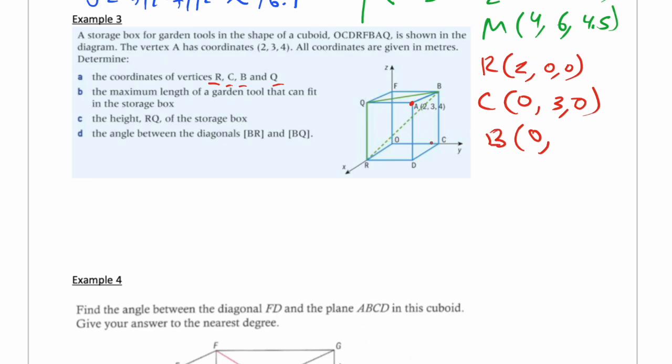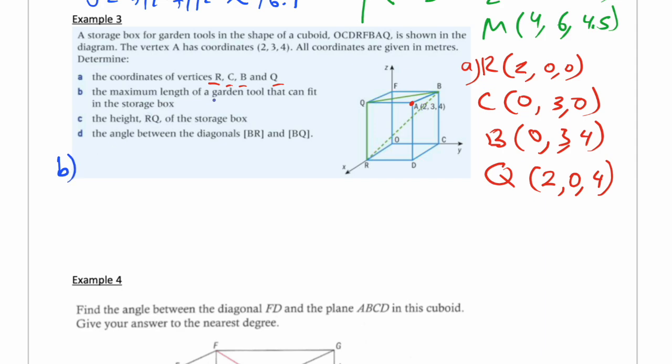So we go in the y direction 3 and the z direction 4. And lastly Q is over there. To get to Q, we can go in the x direction and the z direction. So the y is 0, and the x is 2, and the z is 4. So those are all the coordinates of those points, which you can then use to solve the other problems.